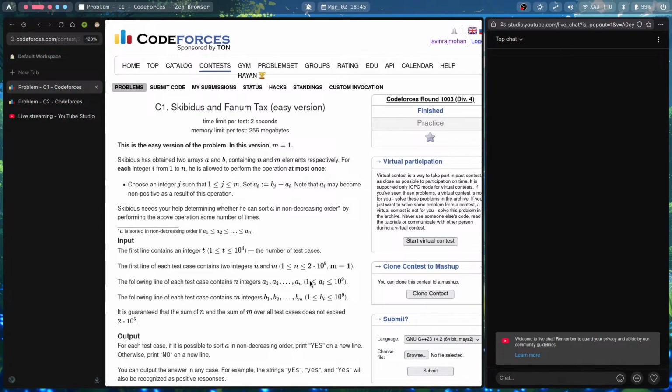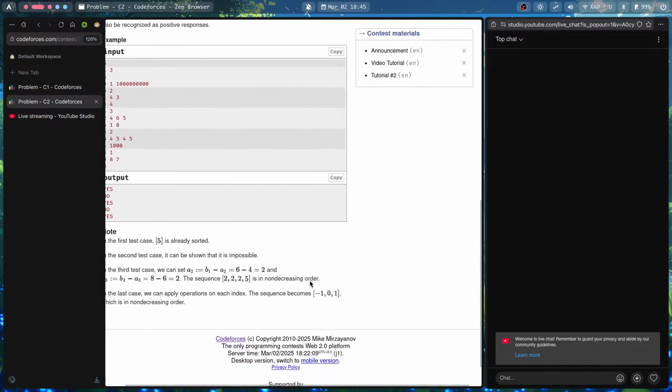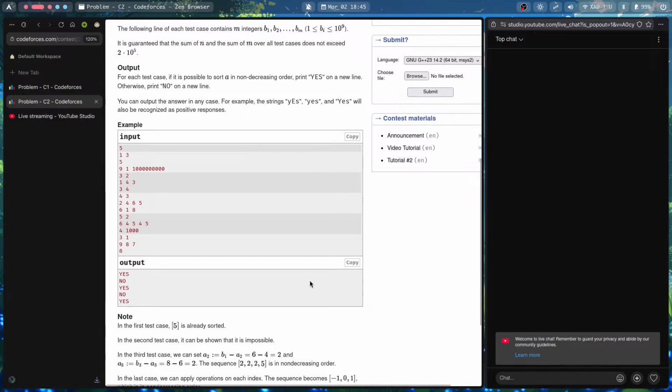Then what could be the problem? We are dealing with the hard version, because if the hard version passes, then C1 also passes. Hmm.